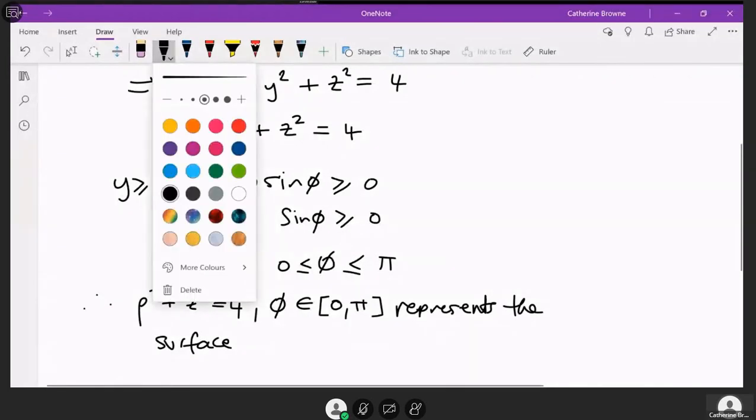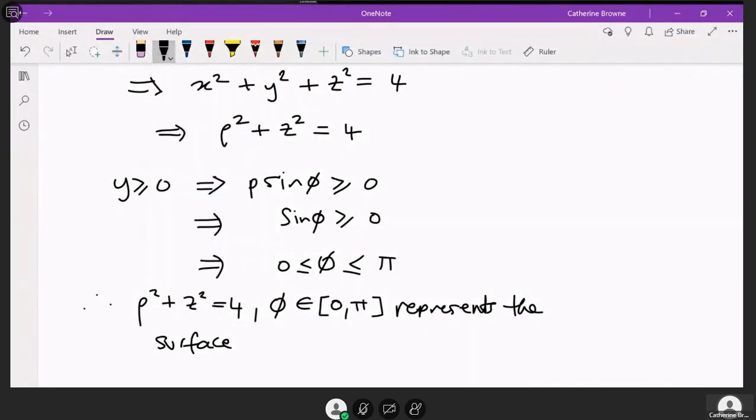I think if I draw it, it's for y greater than 0, so it would be a sphere sort of that way. Phi going from 0 to pi, say around the middle, would be going like that.